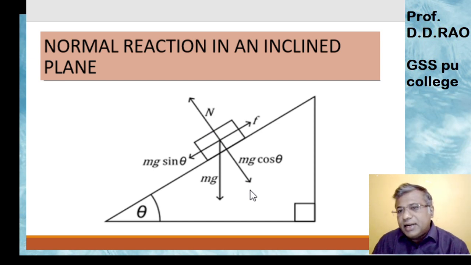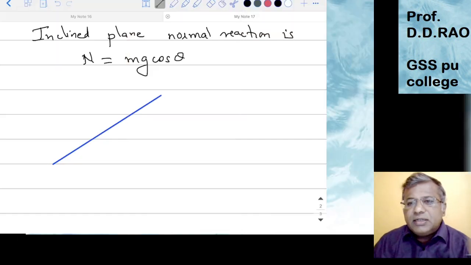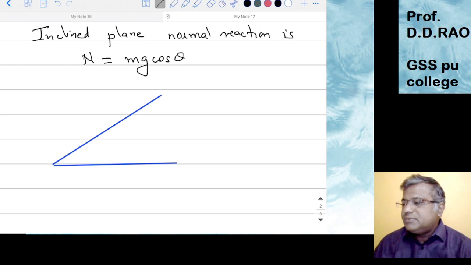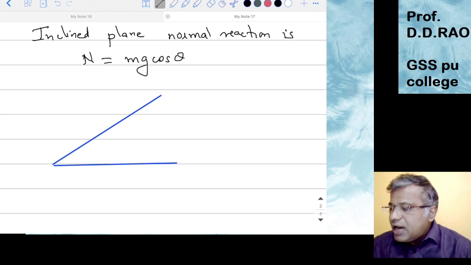Okay, so let us take an example. Say I have an inclined plane, as you can see in the diagram, and here I have an object.